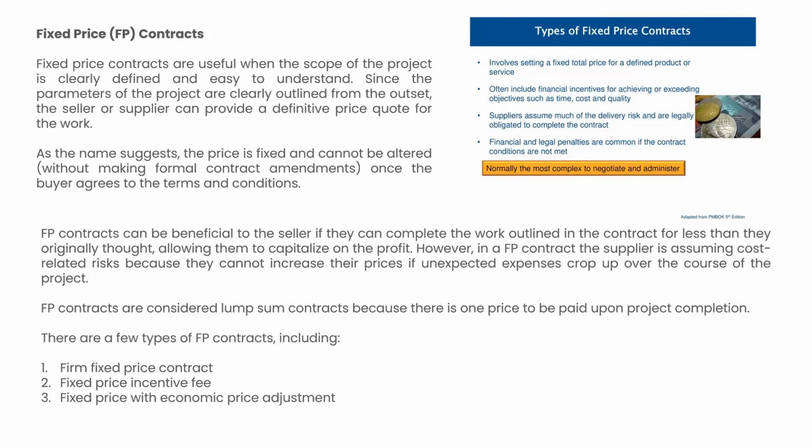So whatever is mentioned in the contract, that would be the fixed rate. The contractor or the project team cannot do anything about it. Whatever is mentioned, both the parties have to agree upon it. So that is a fixed price contract.